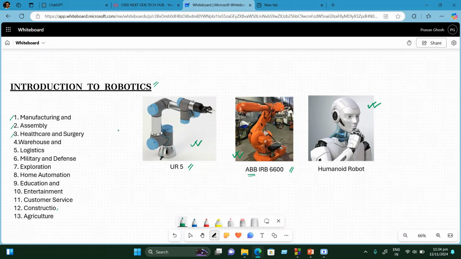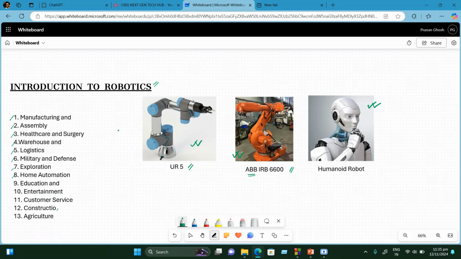These are called surgical robots, because nowadays robots are also doing surgery, assisting the doctors in the hospitals, in the operation theater. So robots are used in healthcare and surgery, also in warehouse, logistics, military and defense, exploration, home automation.